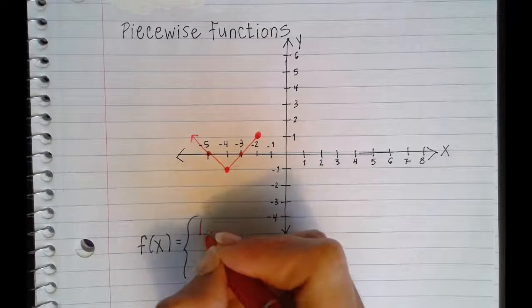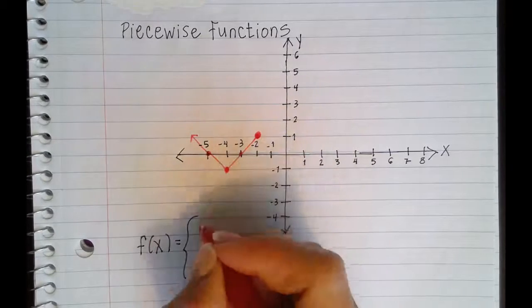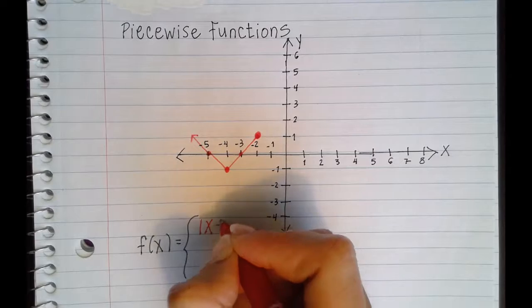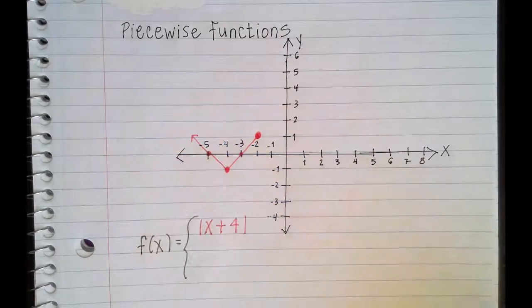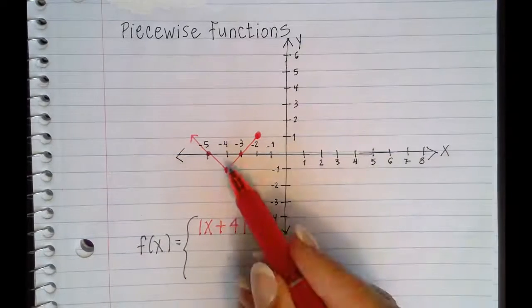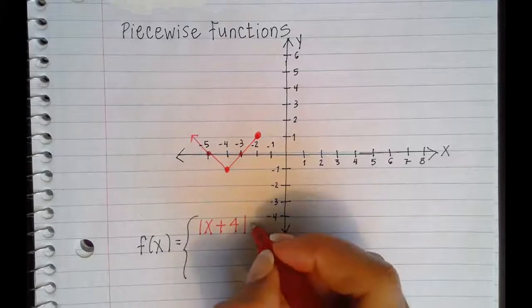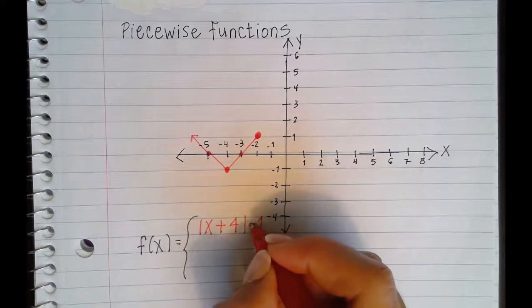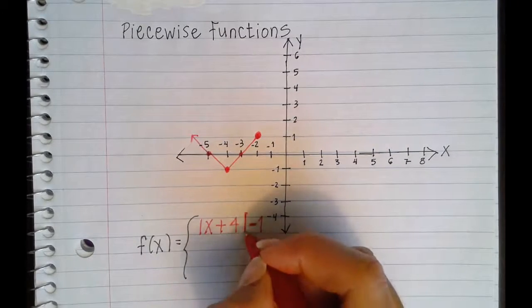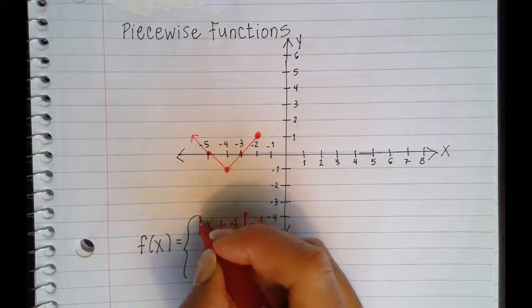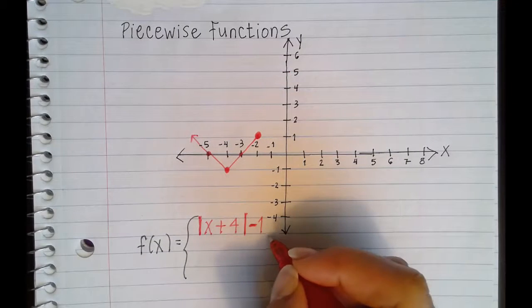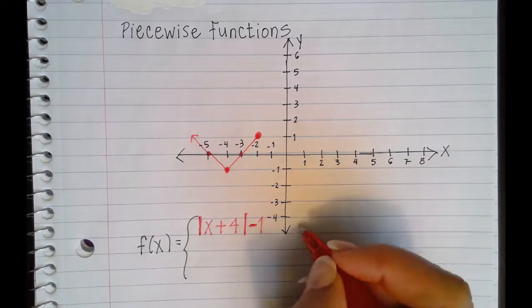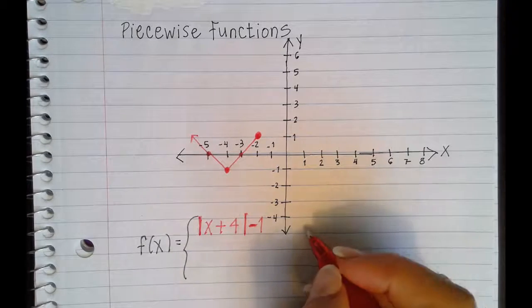This is moved to the left 4 units. That means you'll have +4 inside of the absolute value bars. My vertex is then moved down 1 unit, so I'm going to have -1 on the outside of the absolute value bars. Next, you might have a comma, or maybe you'll have the word for, or such that. I'm going to use a comma.